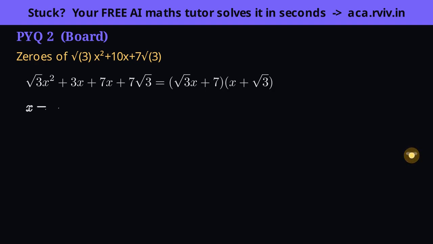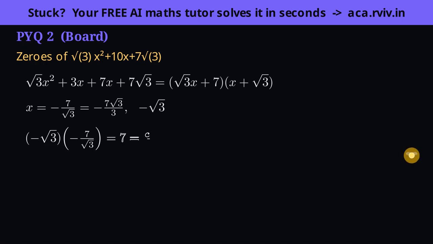Set each factor to 0. From the first, x is minus 7 over root 3, which we rationalize to minus 7 root 3 over 3. From the second, x is minus root 3. Let's verify with the product. Since it's the cleanest check here, minus root 3 times minus 7 over root 3, the root 3's cancel and we get 7, exactly c over a, which is 7 root 3 over root 3.